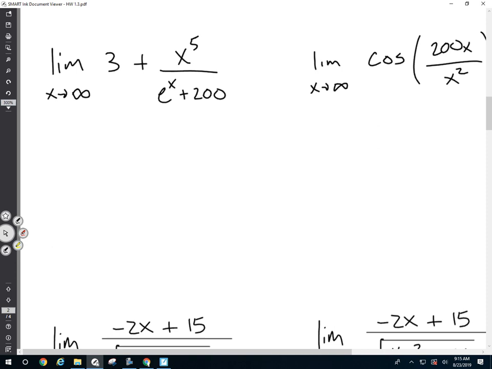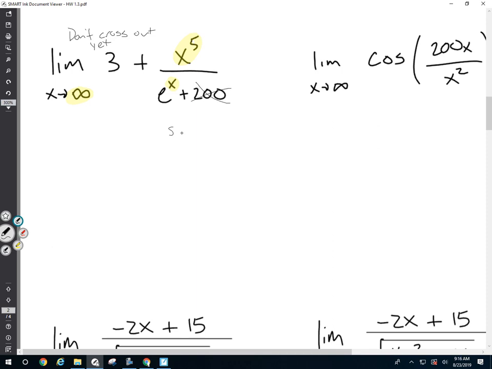Be careful. We think, oh, 3 doesn't grow, cross it out. Don't cross it out. Because if we look at this fraction and I'm plugging in infinity for the x's here, we have slower over faster.